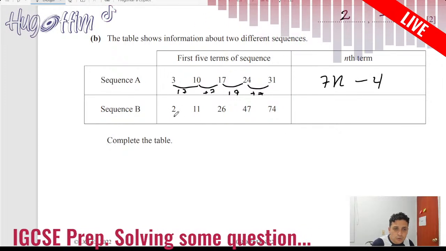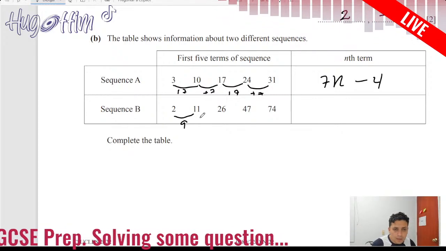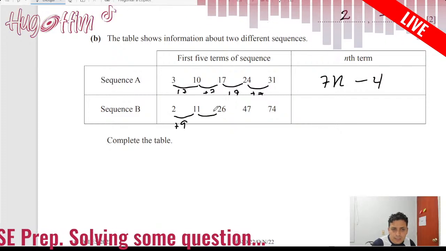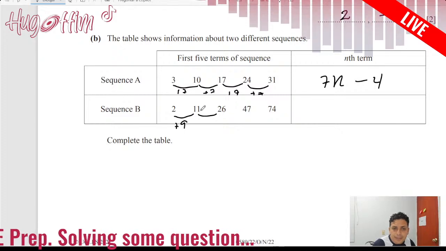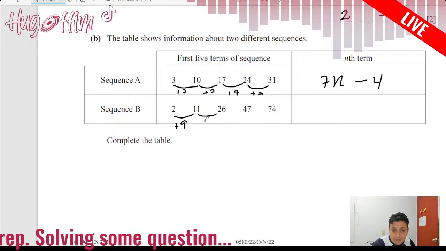And here, 2. So from 2 to 11 is 9. From 11 to 26 is 15.